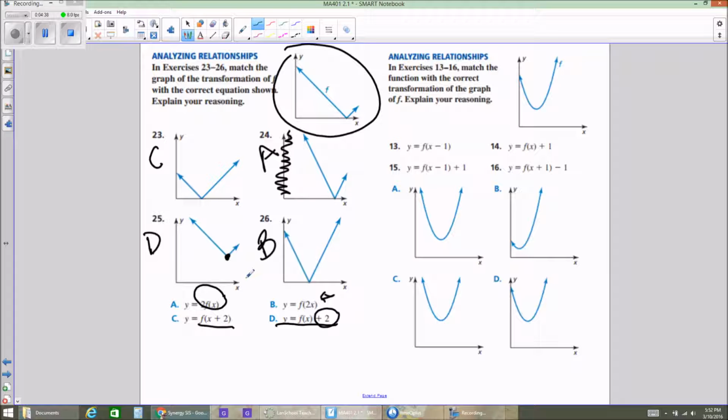Okay, same thing, here we go again with parabolas. So remember, for number 13 here, the change is happening on the inside. And inside means opposite. Also, you have some up ones and minus ones.